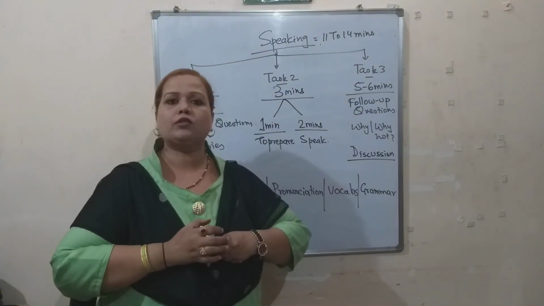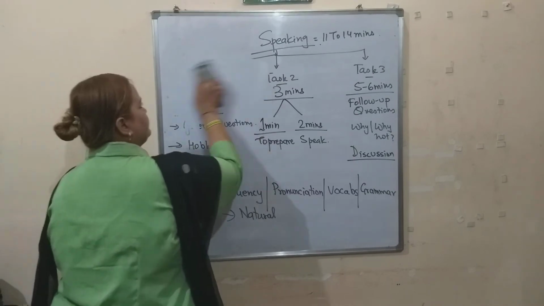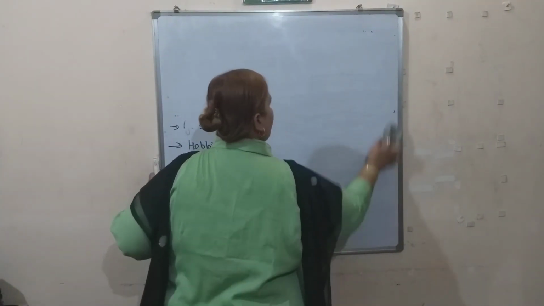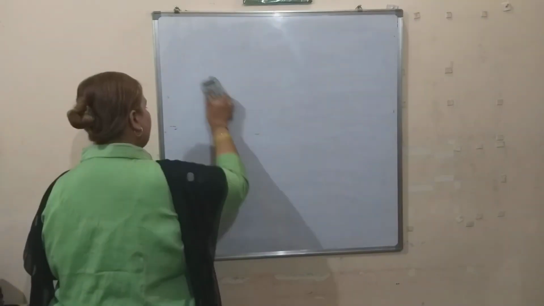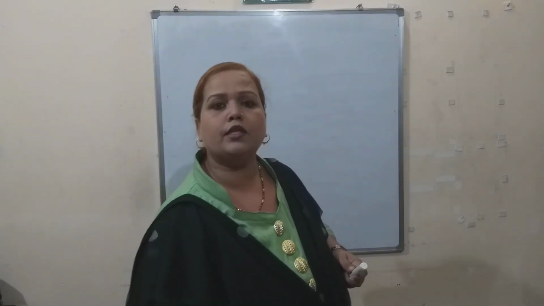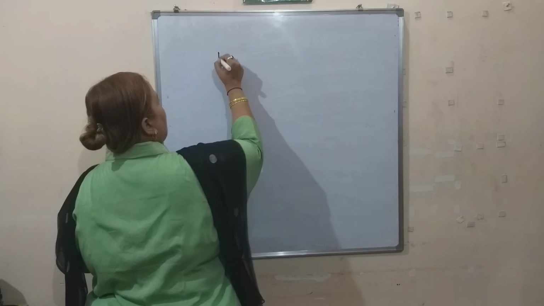Let's go to the result of IELTS. So how do we get the results of IELTS? We have seen how much and what about the speaking tasks; there are 3 tasks, task 1, task 2 and task 3. Now let's talk about the results of the IELTS, which are in bands.